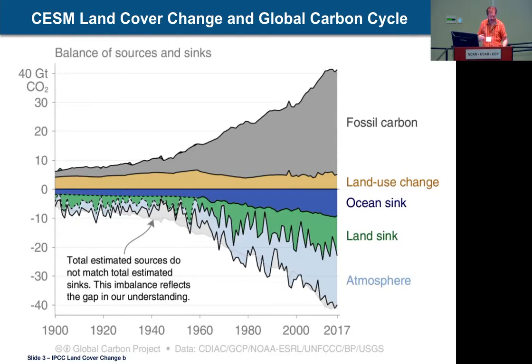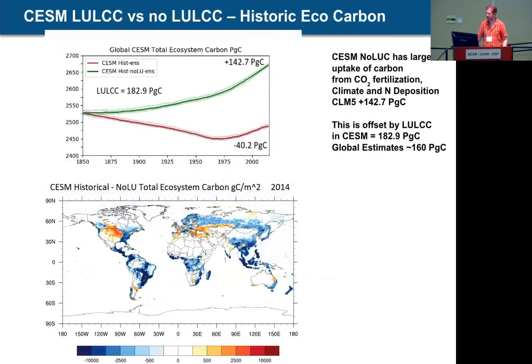What we can do is run the model in different configurations. In this case, I'm looking at the historical period, and we're starting here in 1850. In the red line, we have land use and land cover change, all those time series that I just explained to you and how that fed through.